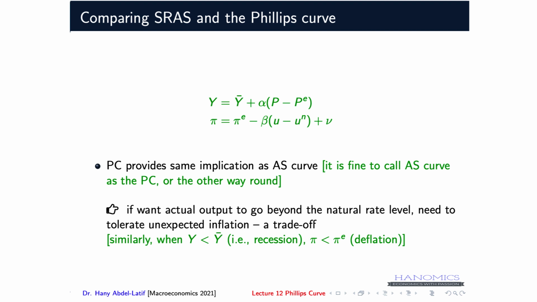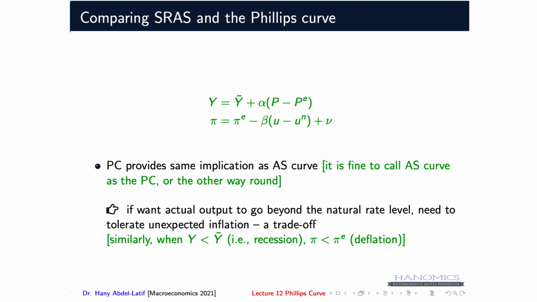Just to remind you, if the actual output level is below the natural output level, or the full employment output level, we have a recessionary gap. That means the actual inflation rate is below the expected inflation rate, and that means we have disinflation.